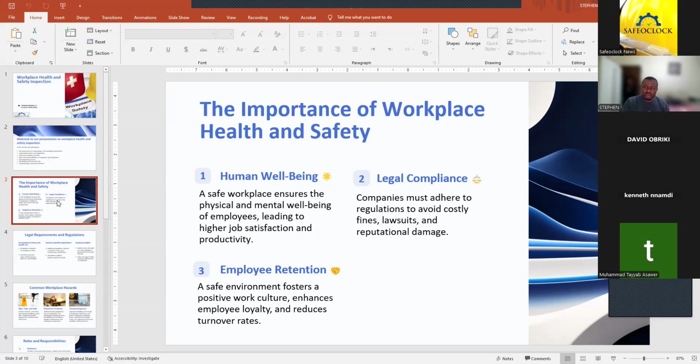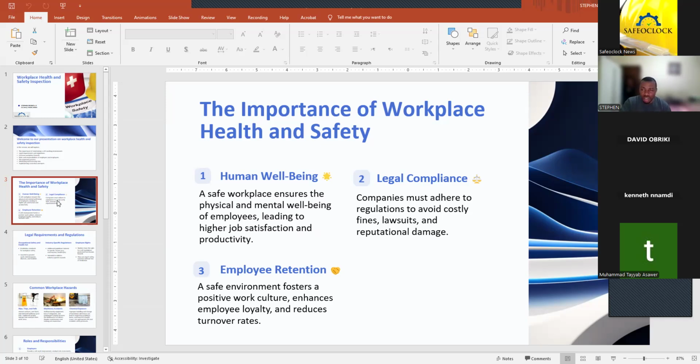They will feel like remaining in the organization. The culture of the organization will improve, and that will also reduce the employee turnover rate, which is one of those things we look out for as part of our KPIs as health and safety practitioners.